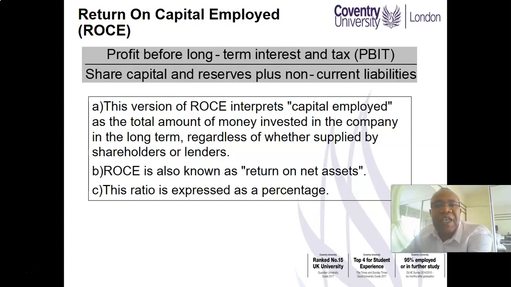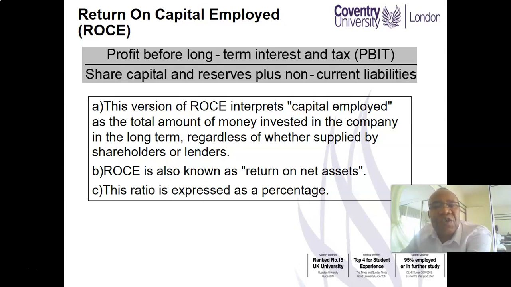So either you take the equities, in other words, share capital and reserve, plus non-current liabilities, which are long-term liabilities. Alternatively, you can take the total assets of the company less current liabilities. The return on capital employed is a very important ratio, and it is normally expressed as a percentage. In other words, you multiply it by 100 to get a percentage.